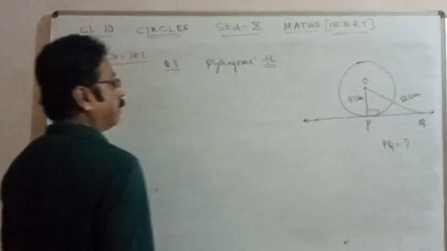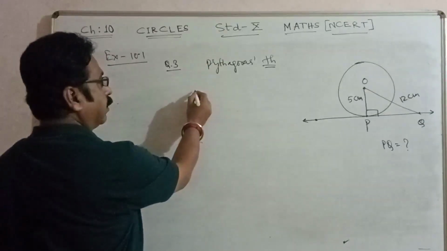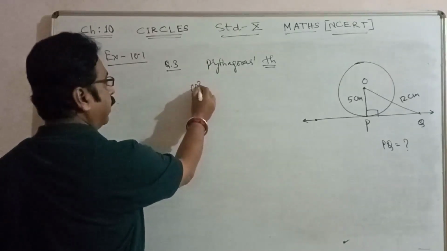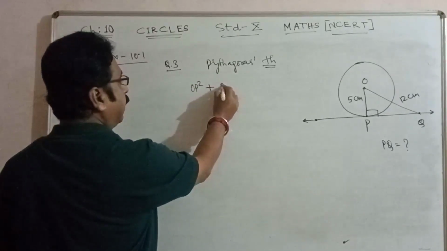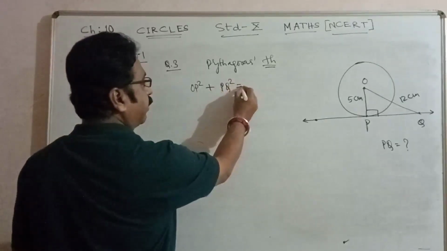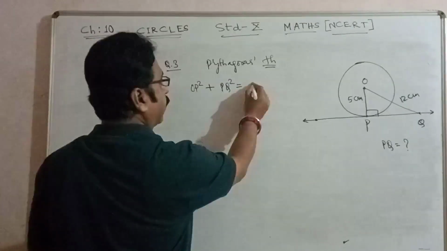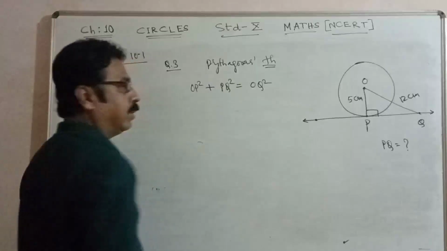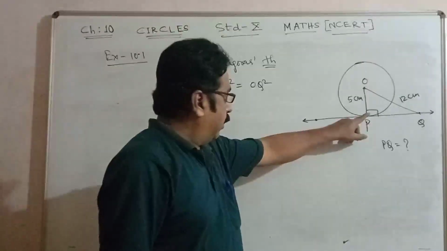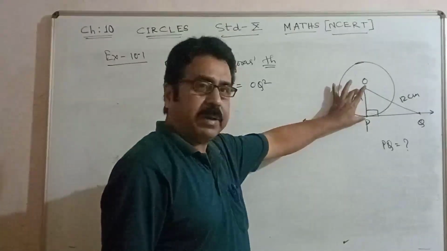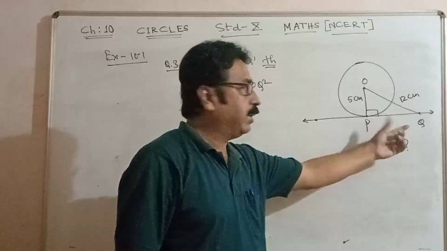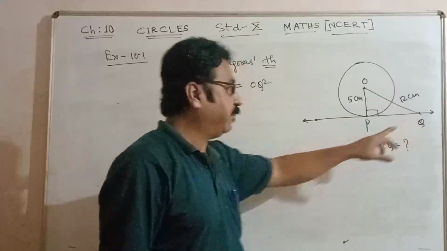OP square plus PQ square equals to, this is right angle, this is perpendicular, this is base, and OQ is the hypotenuse.